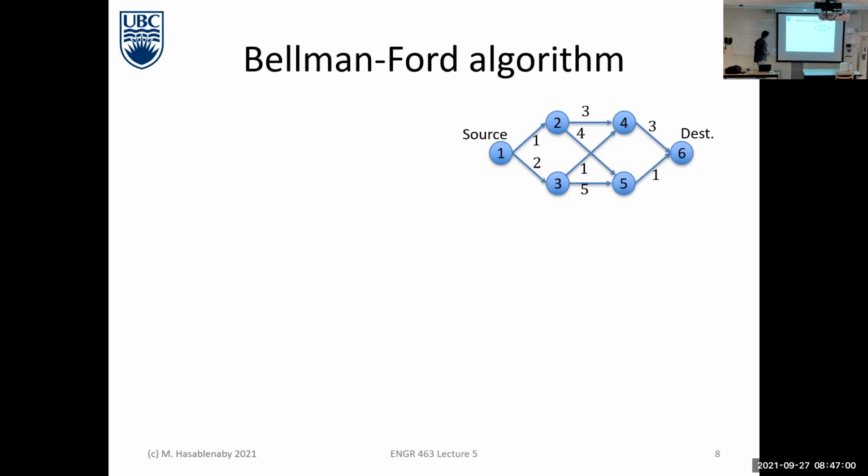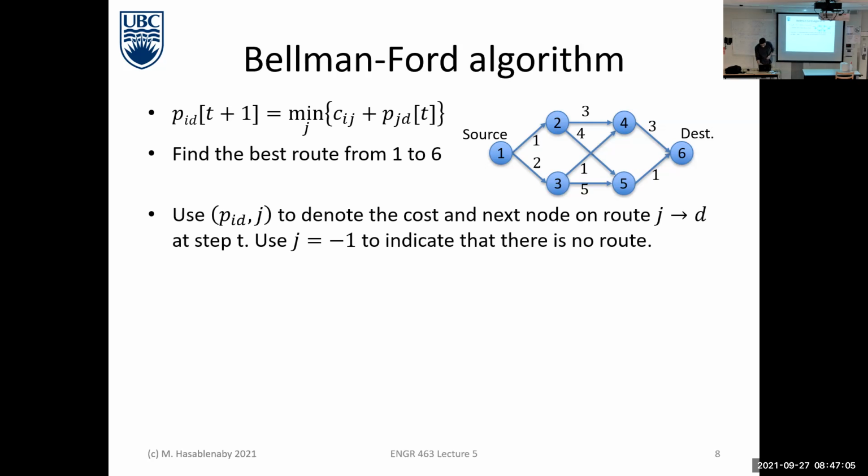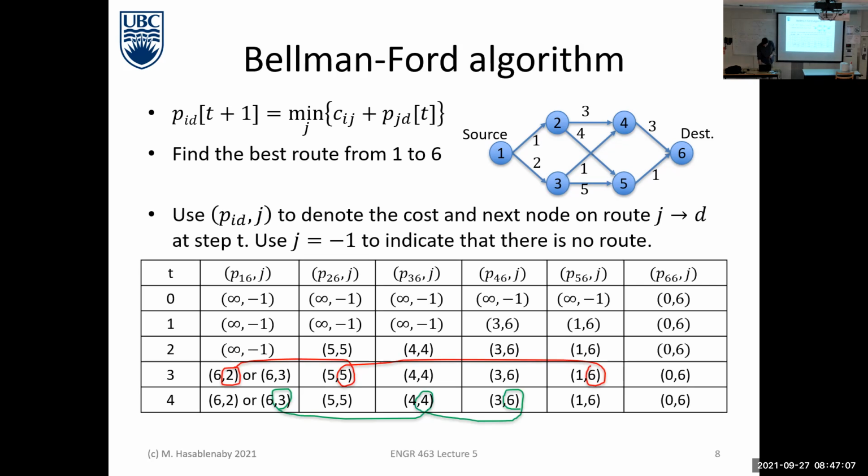The convergence will happen. So now, based on the Bellman-Ford algorithm, we can know that node 1 can reach the destination with cost 6, which is the minimum cost, through node 2 or 3. Node 2 can reach the destination with cost 5, and its next destination will be node 5.